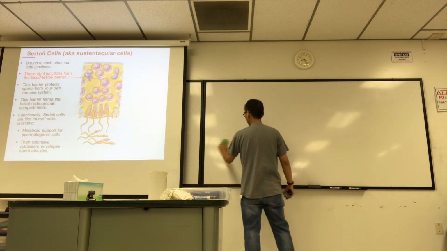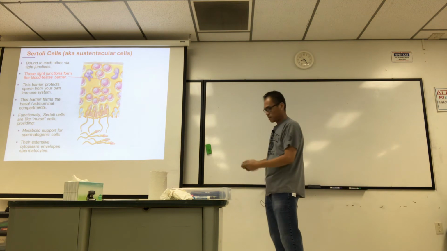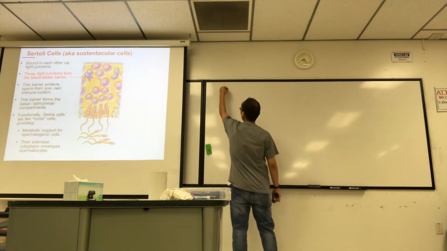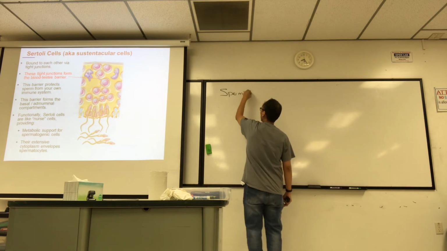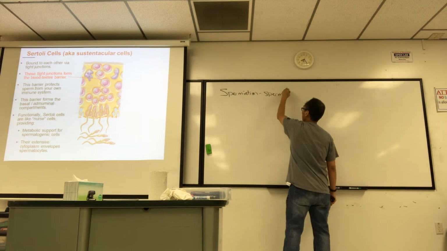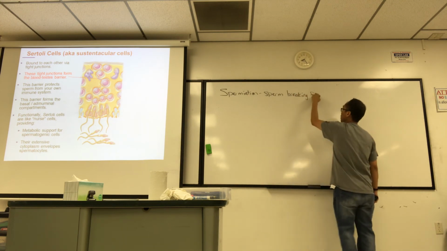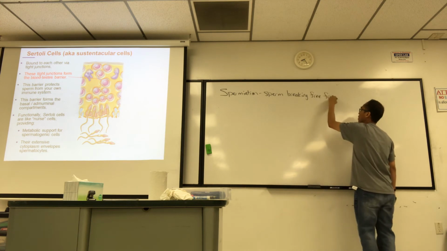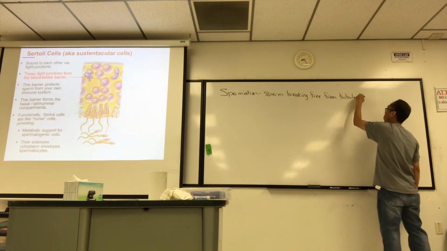So we had spermatogenesis, spermiogenesis, spermiation. A lot of derivations of the word sperm. This one describes the process of sperm breaking free from the tubule wall.